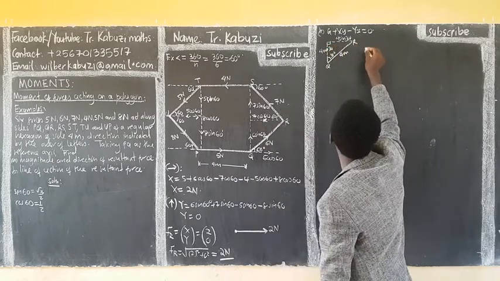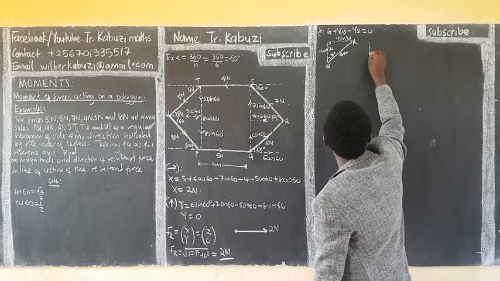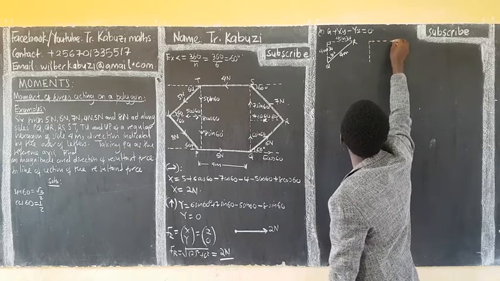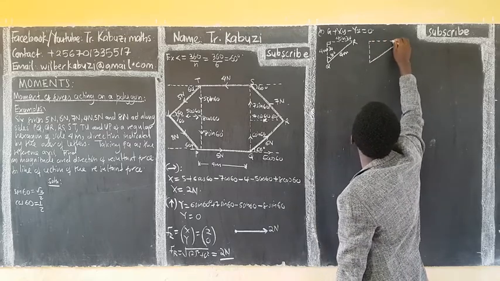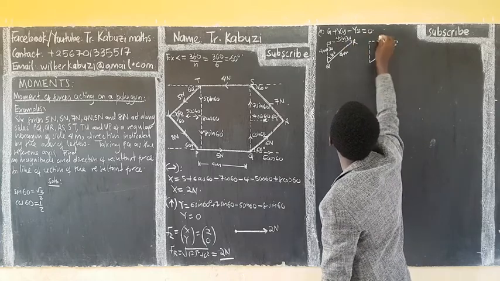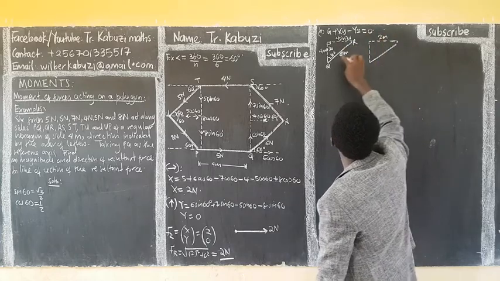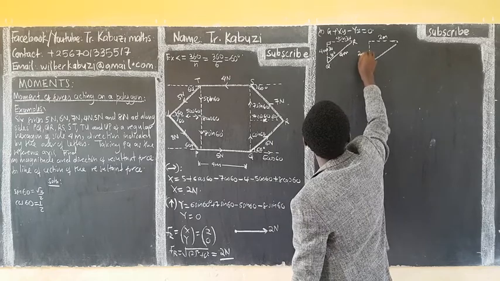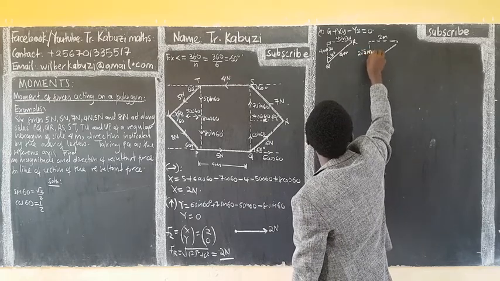What does it mean? It means that in this diagram here, this one is going to give us 2 meters. Then this one is going to give us 2 root 3 meters.